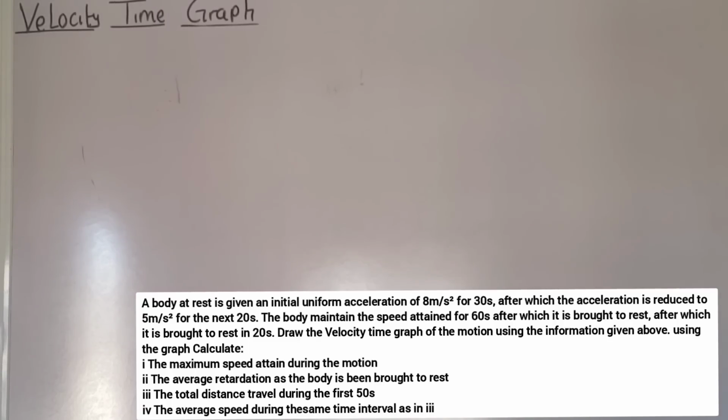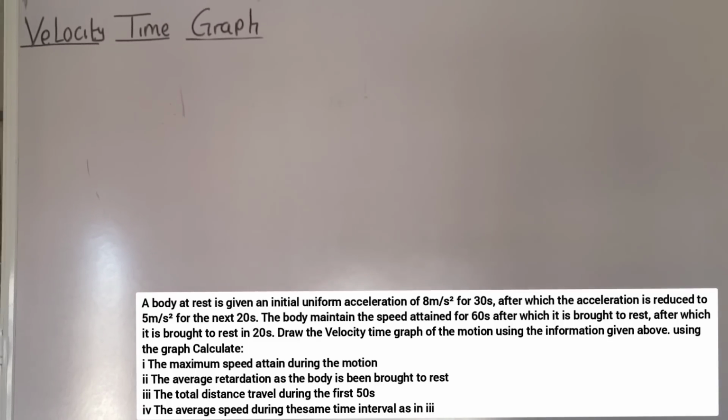Okay, please, I want you to pay attention here. Let's start with the first question. We are asked to draw the velocity time graph of the motion. Now let's go back to the question. A body at rest is given an initial uniform acceleration of 8 meters per second squared.